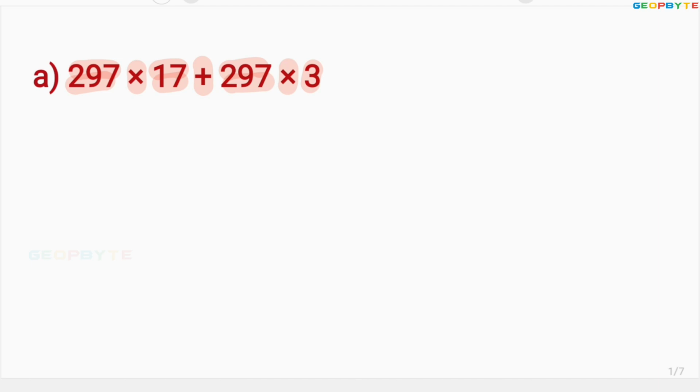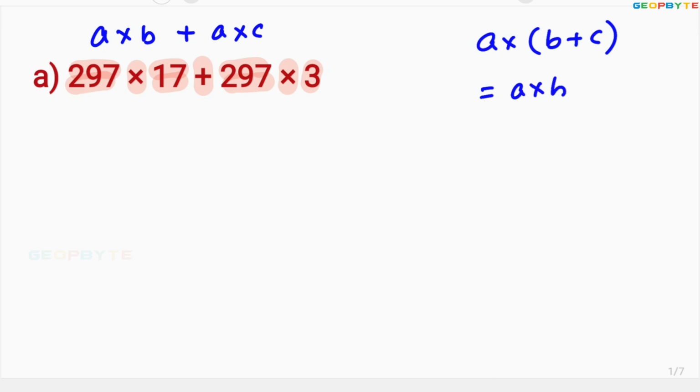If you observe clearly, it is in the form of A into B plus A into C. As you know, A into (B plus C) is equal to A into B plus A into C. Now you can write this relation in terms of A into (B plus C).